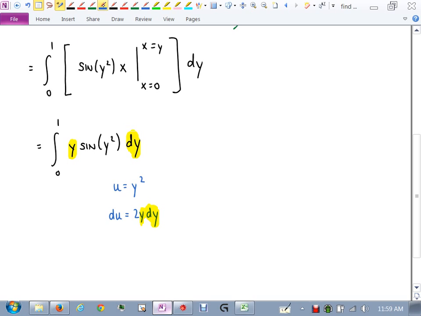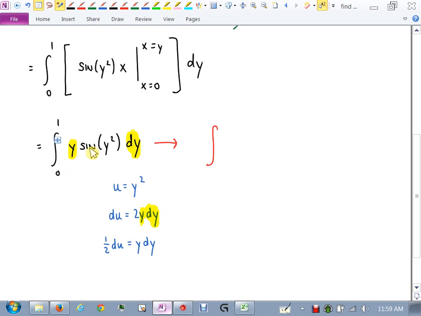So if I take this little equation here and divide both sides by 2, I know that my y dy by itself is half of du. So I can rewrite that entire integral. I'm not going to put limits of integration on that integral because I switched to a different variable, so that's why I'm not going to leave it as 0 to 1 right now.